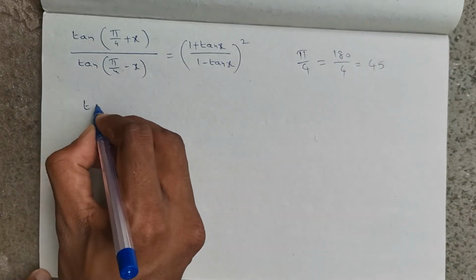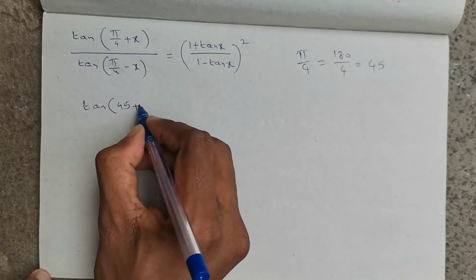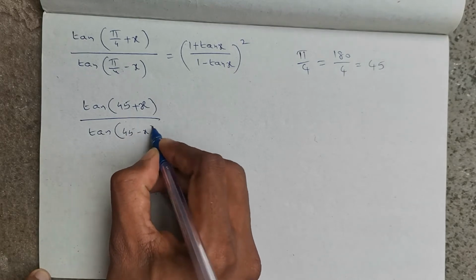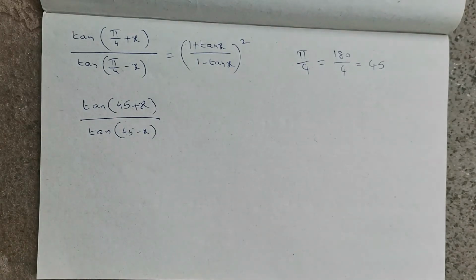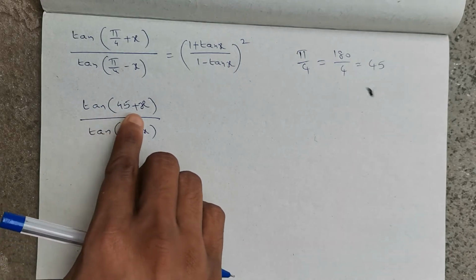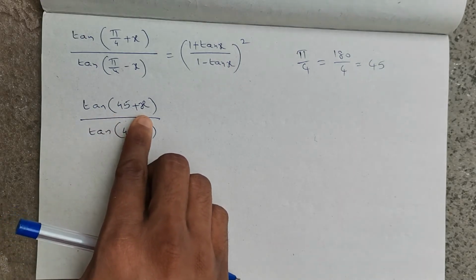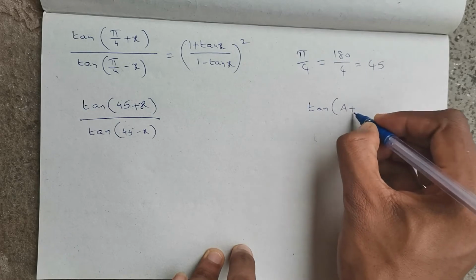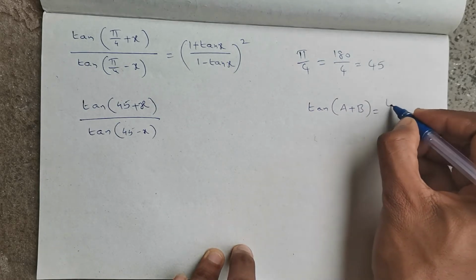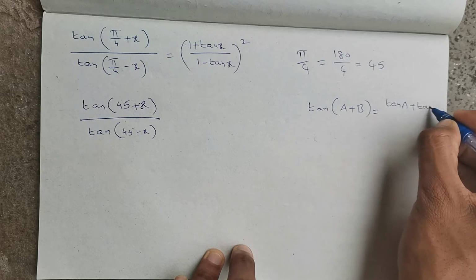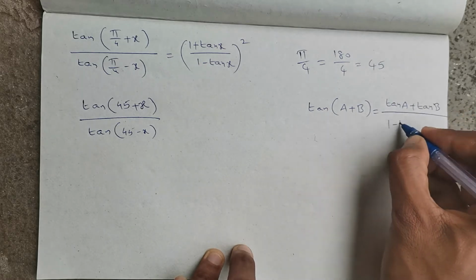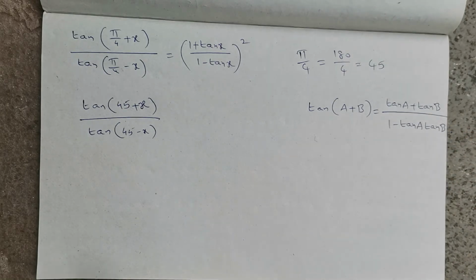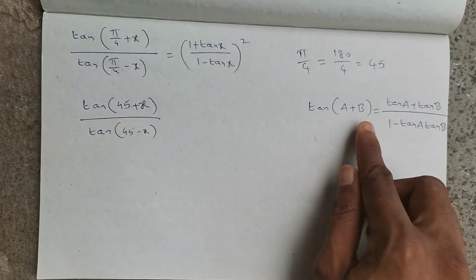So tan of (45 plus x) divided by tan of (45 minus x). Now if we observe the numerator, tan of (45 plus x), it is in the form of tan of (a plus b). So tan of (a plus b) is equal to (tan a plus tan b) divided by (1 minus tan a tan b).